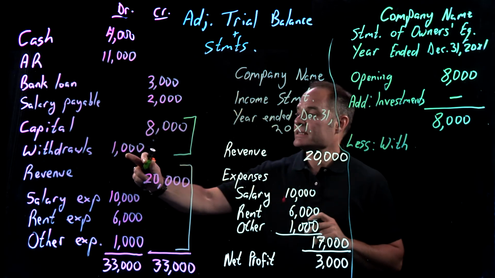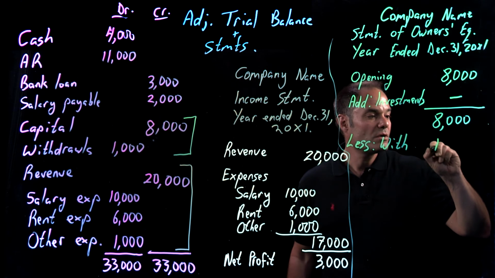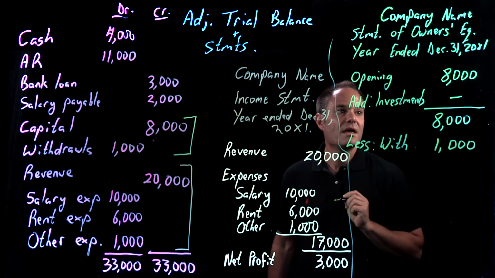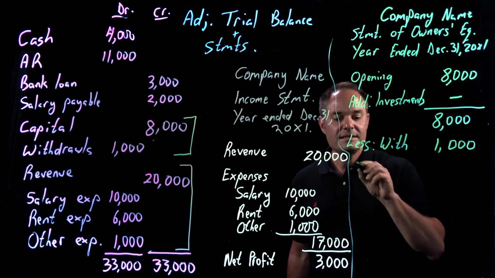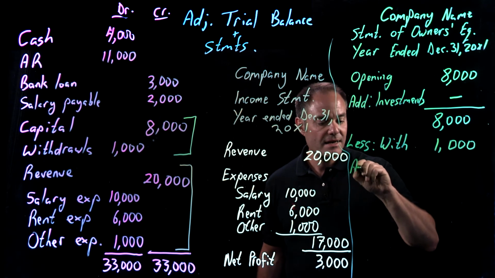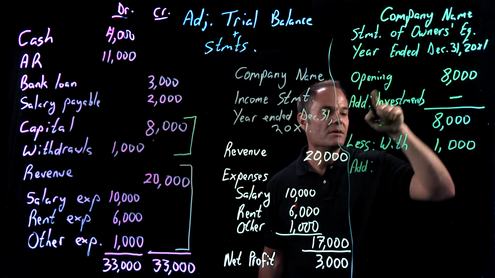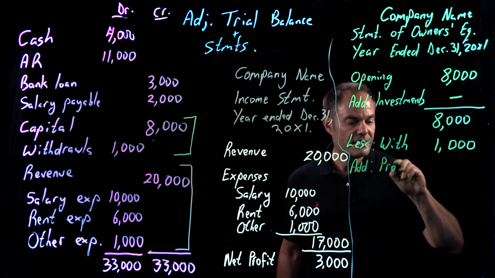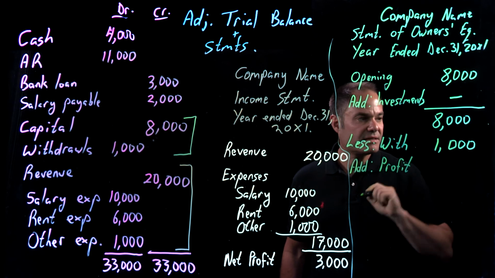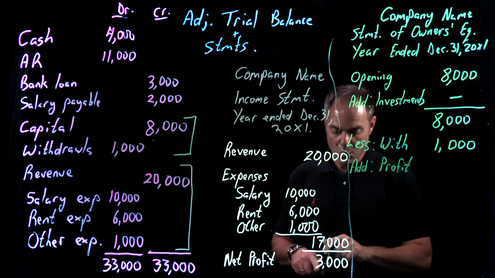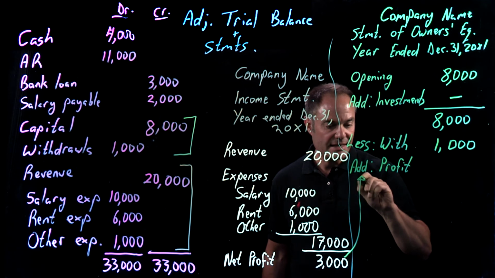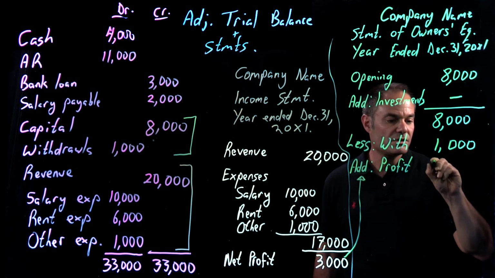So in this case, the owner withdrew $1,000. And I'm going to add in profit. Normally this would have been done maybe on top, but we can do it here. And I'm leaving it till the end, only because it's the one that comes from here. And it's simply this number that we calculated, we're going to insert.